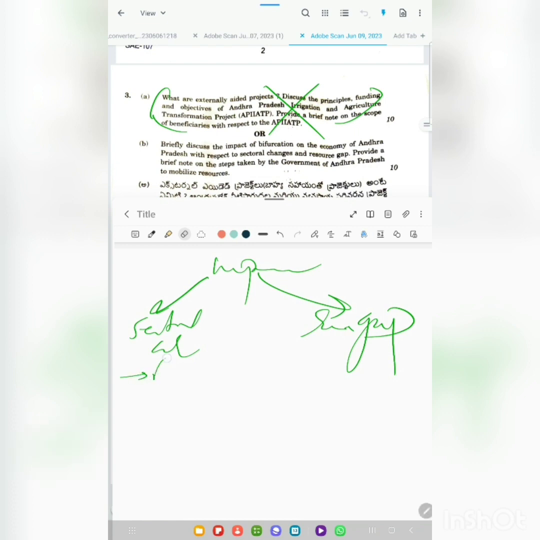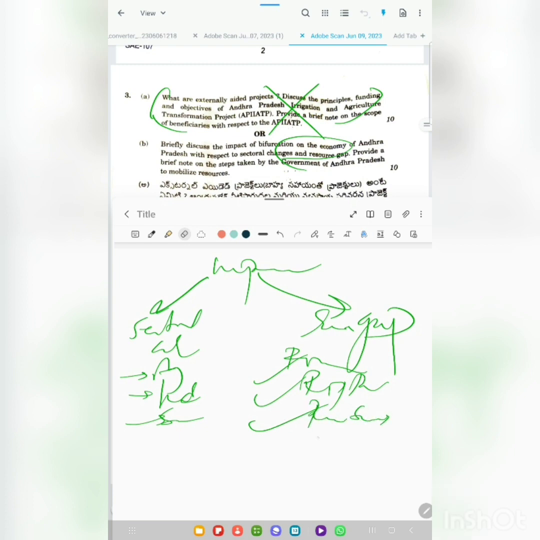As far as sectoral change is concerned, agriculture, industry, service sector. As far as resource gap is concerned, you have to write about the resource gap, which refers to fiscal deficit, revenue deficit and public debt, and also the major revenue sources of taxation that the state has lost, and also the global investor summit to showcase Andhra Pradesh's abundant potential in attracting investment.